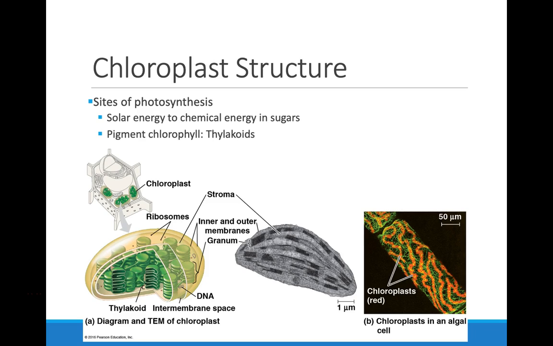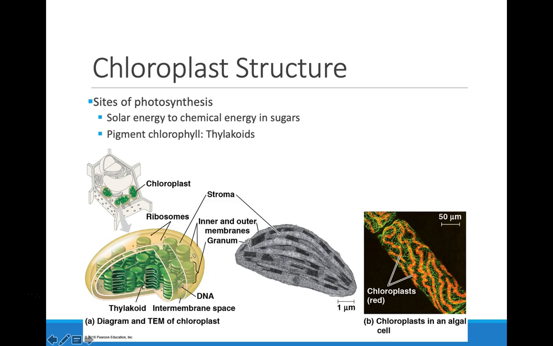The main component of the thylakoid is chlorophyll, which is our energy capturing molecule. If you look at those thylakoids, they are also highly folded. These little disc-like shapes are called the thylakoid, and the stack are called granum.